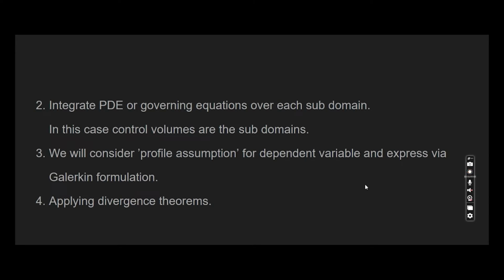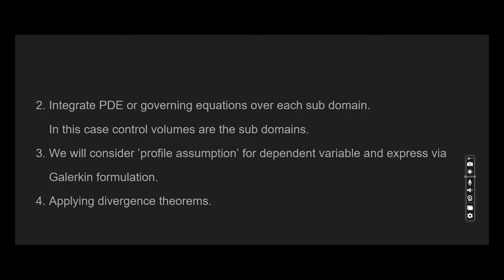The second step in the step-by-step formulation of FVM is to integrate the partial differential equations or governing equations over each subdomain. In this case, control volumes are the subdomains.